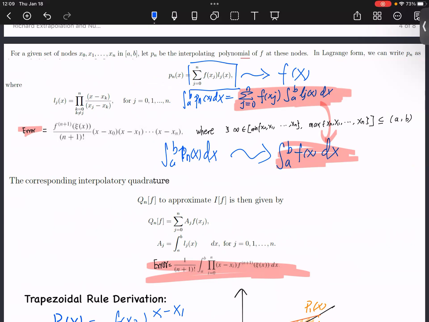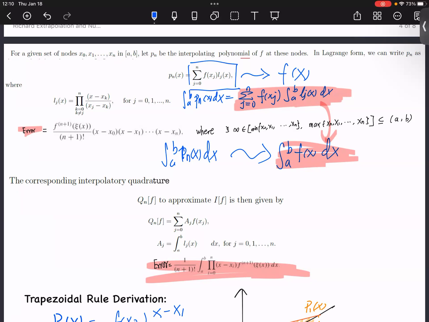So here we have L0(x), and it's just the product over k from 0 to 1, where k does not equal j, of (x minus xk) divided by (xj minus xk).